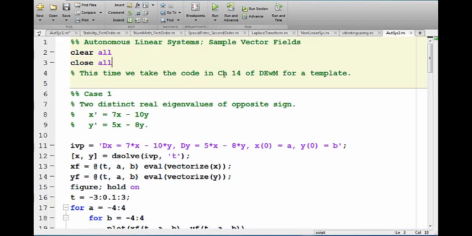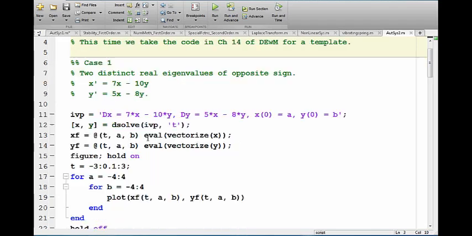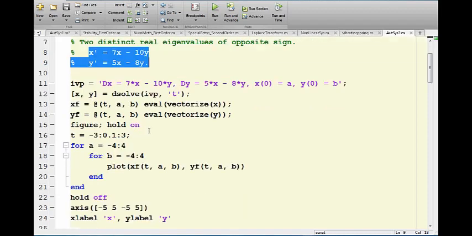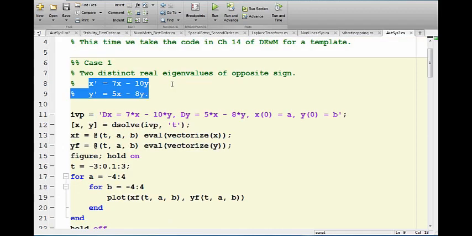I take the code from chapter 14 of the MATLAB book, and I'm going to run through these rather quickly. There are 5 cases. I've picked sample equations in each case. They're all linear. This is the case where we have 2 distinct real eigenvalues of opposite sign. I'll let you on your own look at the code, but it's essentially copied from chapter 14. Let's evaluate and see what kind of vector field we get.